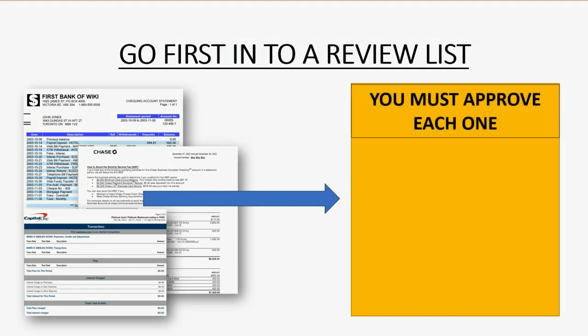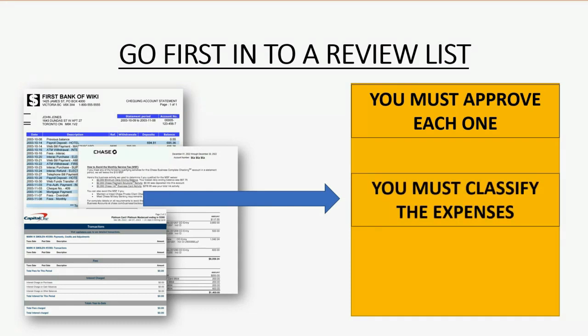Now, once they're recorded in the review list, you, the user, must approve each one before they get recorded into your QuickBooks Online records. You have to be the one to classify the expenses. You have to be the one to tell QuickBooks Online which income account, expense account, customer, or vendor is associated with that transaction, because the bank can't know from the information it gets.